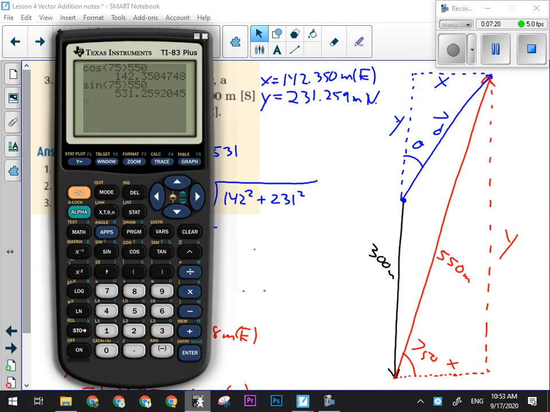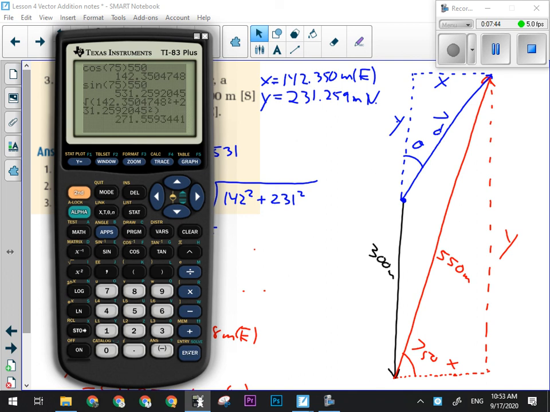In our calculator, that's going to look like this. 142.3504748 squared plus 231.2592045 squared.